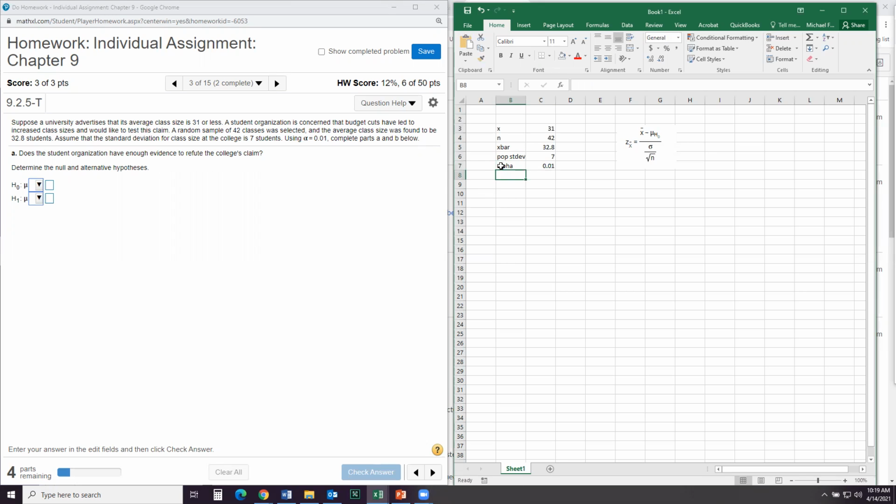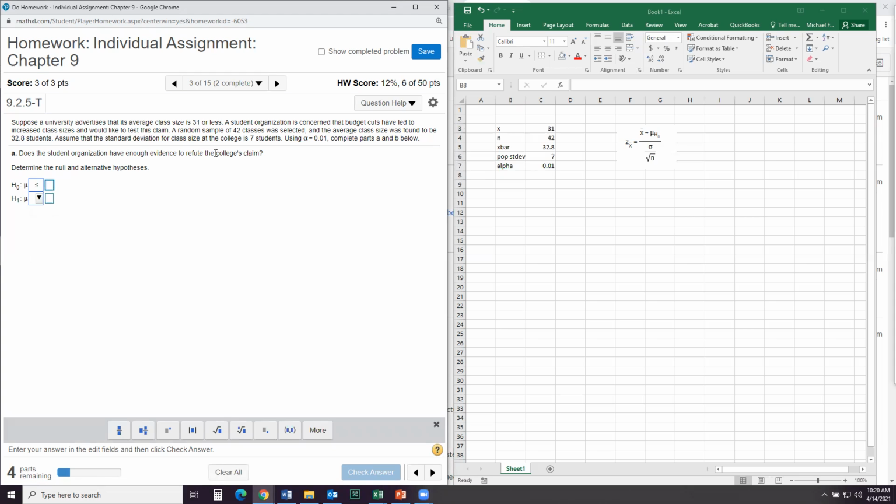So the first thing it wants us to do is determine the null and alternative hypotheses. All we're testing here is whether or not class size has gone up, because that's what they want to know. So our null hypothesis is that it hasn't changed: it is less than or equal to this claim number of 31.